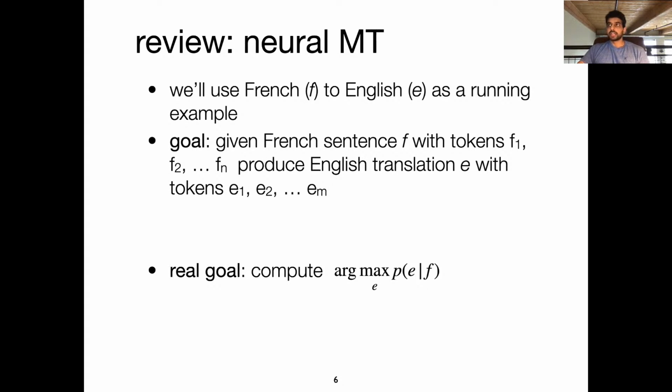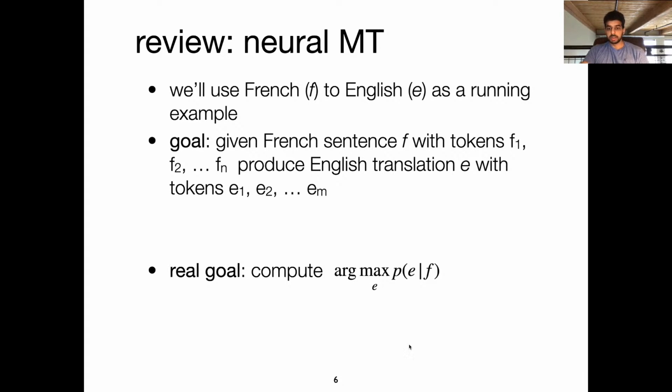Okay, so again, we're using translation here as an example of a text generation task, and we already went over this before, but remember in neural machine translation, our goal is, given some French as our example, given some sentences in an input language, we want to translate it into a different language. Our real goal here is to compute the sequence in the target language of words that has the maximum probability with respect to the input, right?